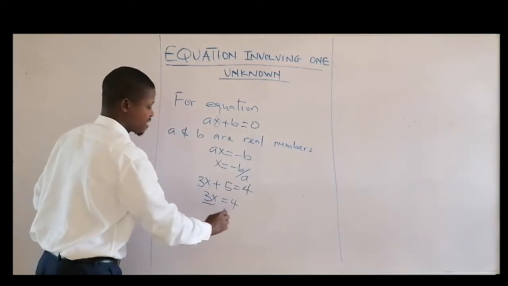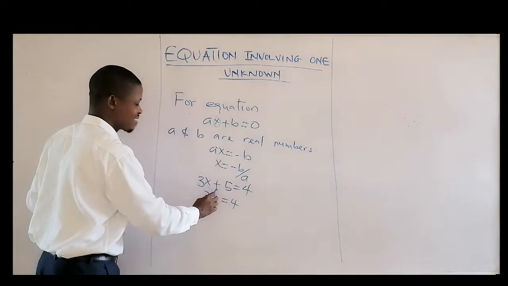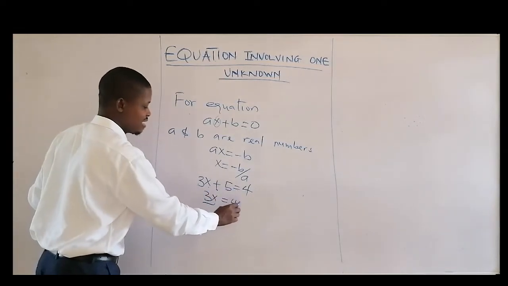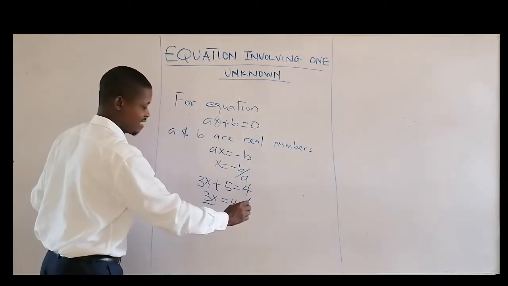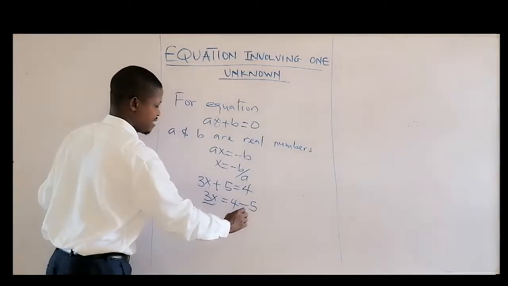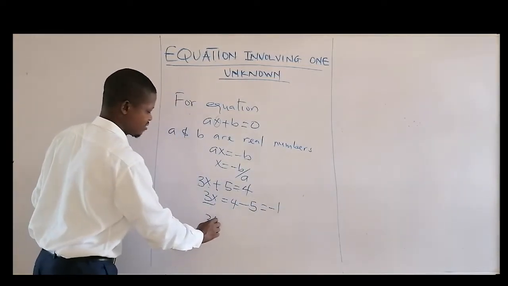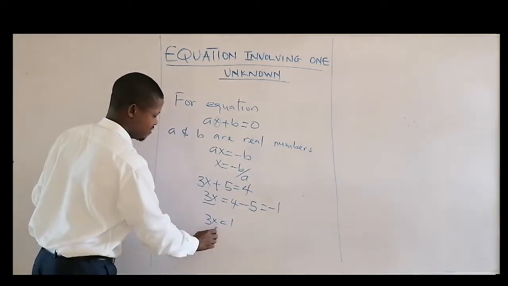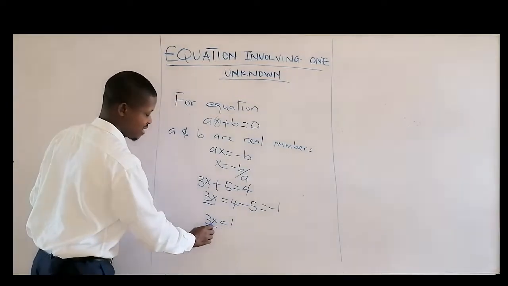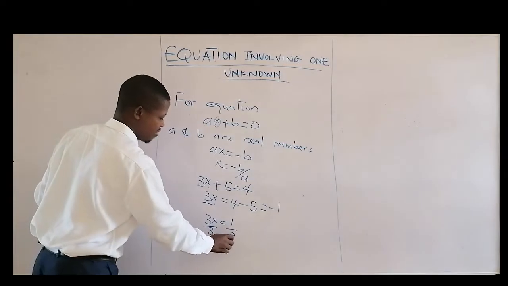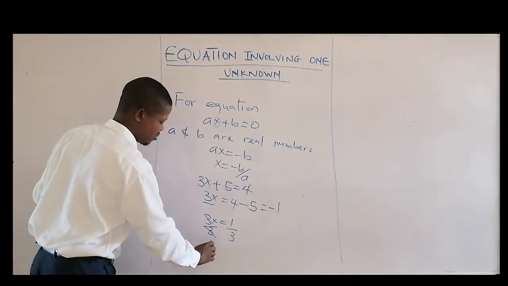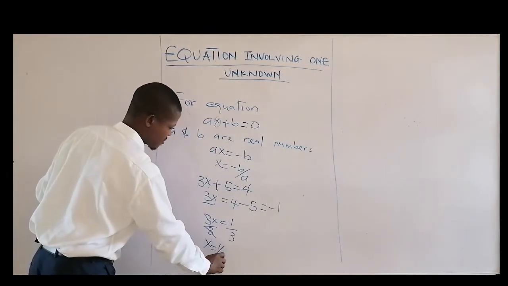That will be equal to 4. And don't forget, when you move any sign over an equal sign, the sign will reverse itself. So 3x equals 4 minus 5, that's minus 1. Then you divide both sides by the coefficient of the variable, 3 over 3, so this and this cancel.